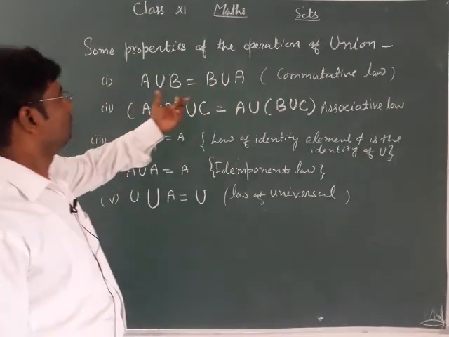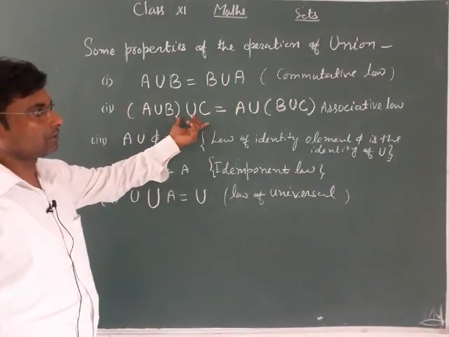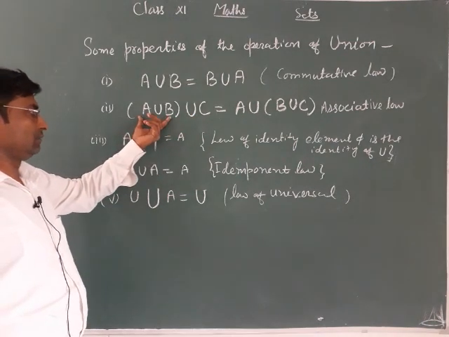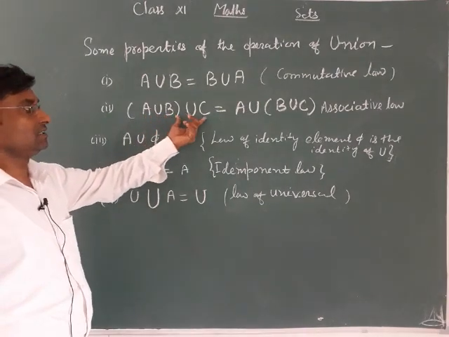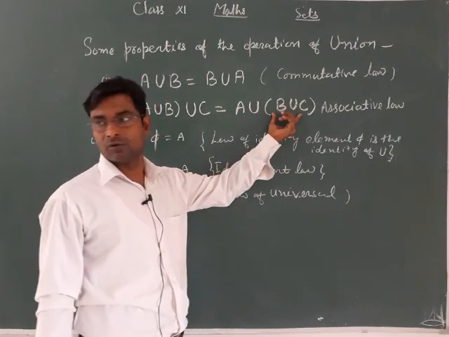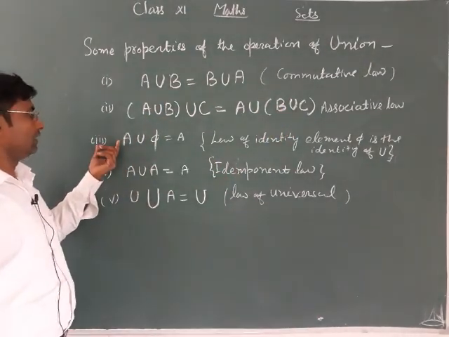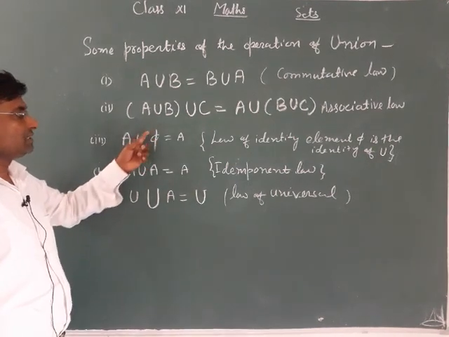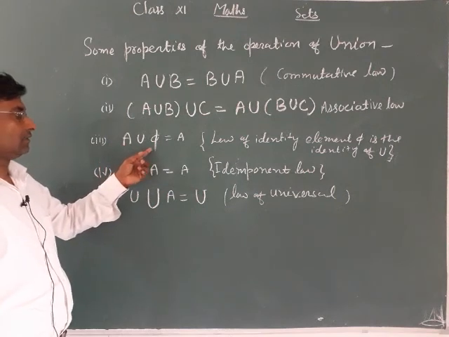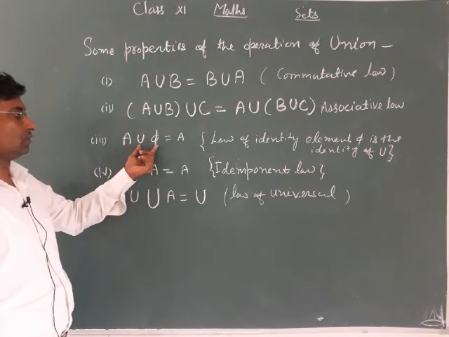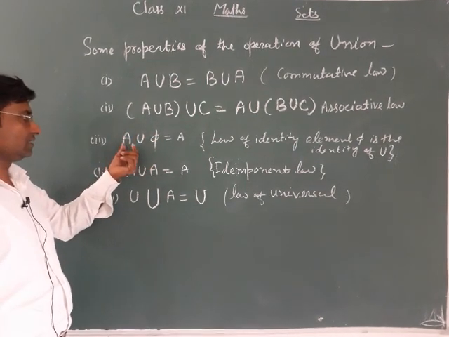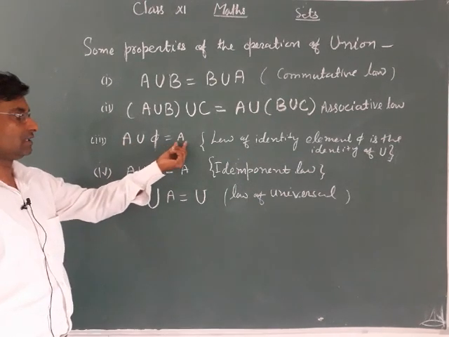Second, the associative law also holds for union: A union B, in brackets, union C equals A union, in brackets, B union C. Third, A union phi, where phi means the empty set: there is no element in phi, so only the elements of set A are present.